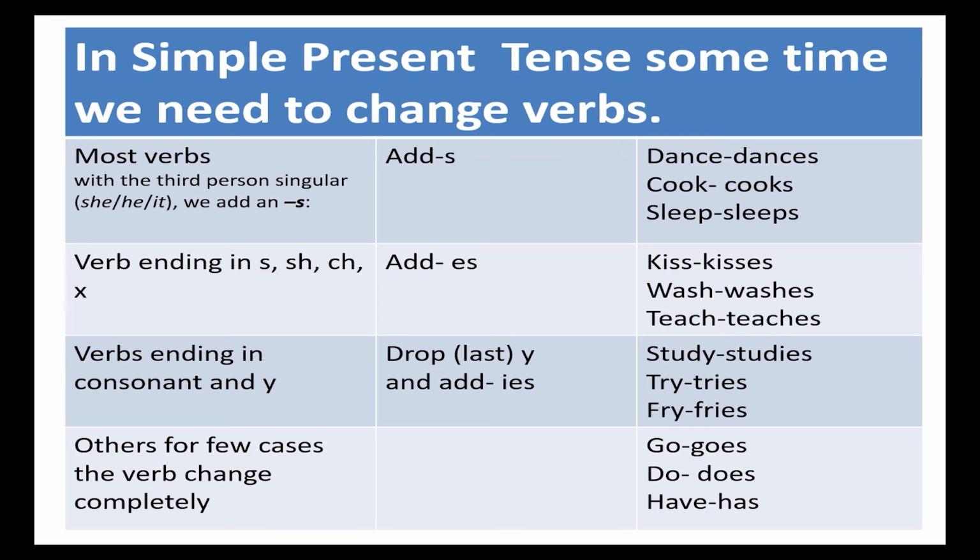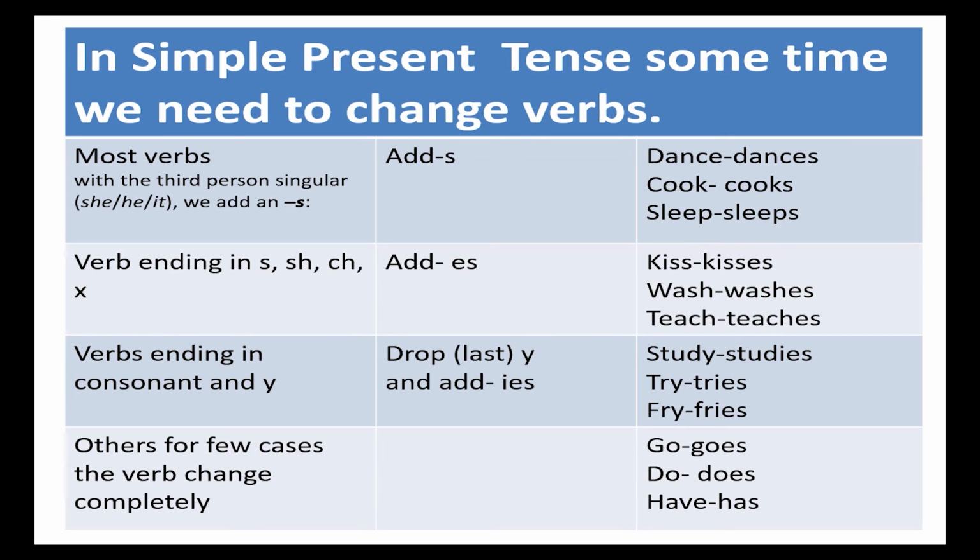In simple present tense, sometimes we need to change the verb. Most verbs with the third person singular number, we add an s, like dance, dances, cook, cooks, sleep, sleeps. But when the verb ending is in s, sh, ch and x, we add es, like kiss, kisses, wash, washes, teach, teaches.